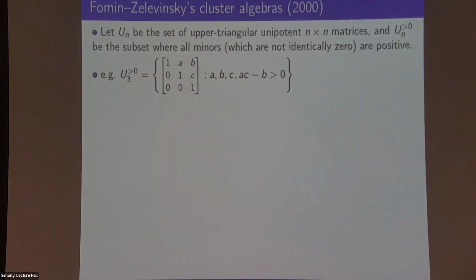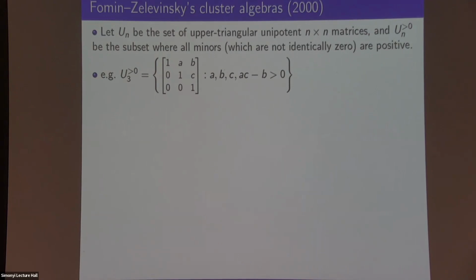And this work led them to develop the theory of cluster algebras. I maybe won't say what cluster algebras are, so if you haven't seen them, you can take this as a brief introduction to the idea. But this arose out of the theory of total positivity.